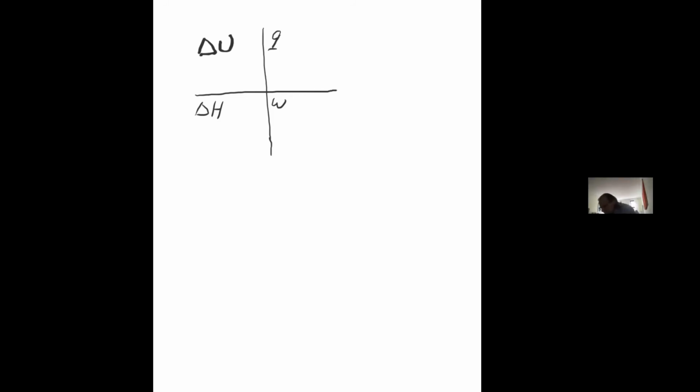But we have this relationship that if we're at constant pressure, which we will be for this problem, delta H is equal to Q. In a sense, that simplifies things. It tells you that these 2 are equal to each other, so really they're going to give you 2 of them, and you only need to find the third. In the previous example, they gave you this one and this one, and you had to figure out this one because you already know what this one is.